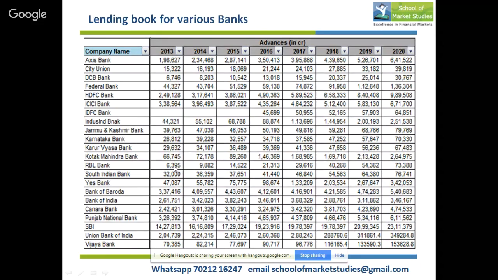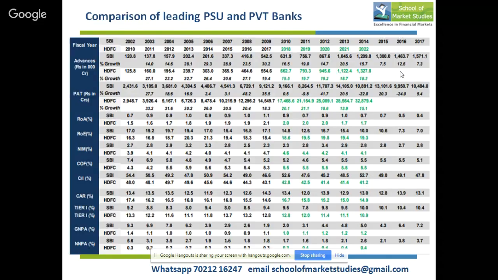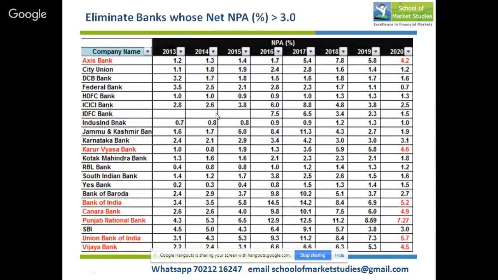In comparison, City Union Bank, which was three times its size in 2013, has not even managed to hit 40,000 crores. So clearly RBL is outperforming this bank, but just because you grow fast doesn't mean you are good. We need to see how you manage your NPL levels also. So let's check out this sheet to see how the NPLs have moved.